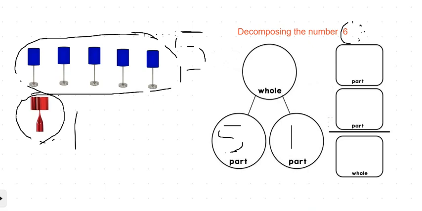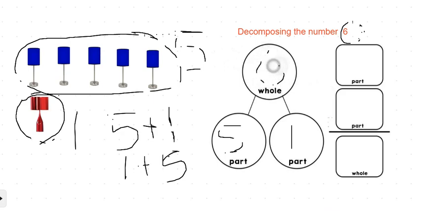5 and 1 or 1 and 5. They're the same thing. So we can either do 5 and 1 because 5 and 1 is 6, or 1 and 5 is 6. They're just turned around, guys. They're both the same thing. And the whole is everything. The whole is everything.